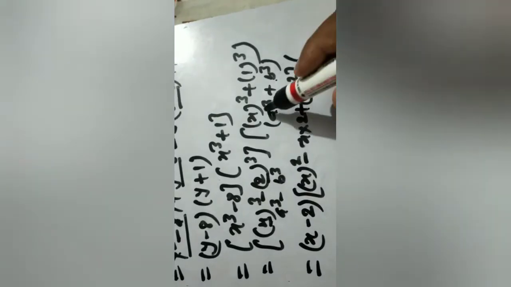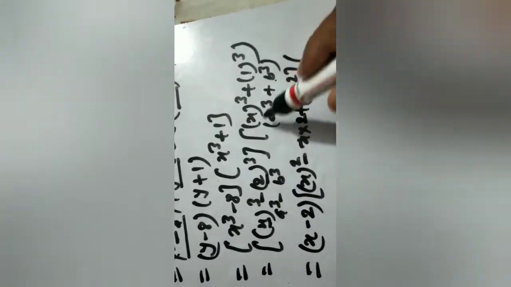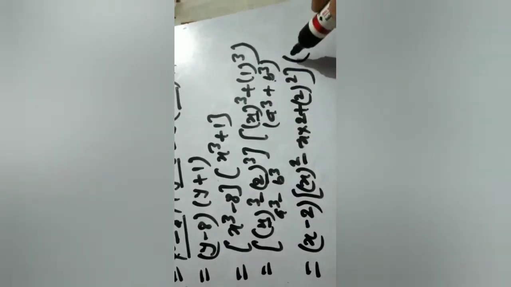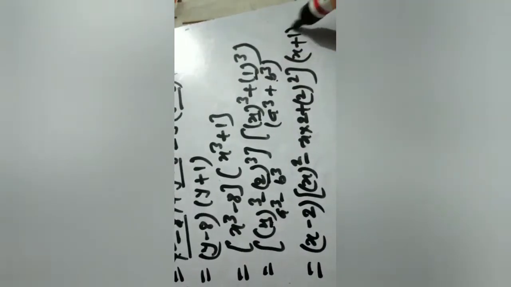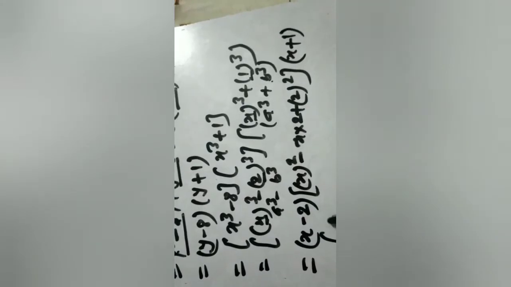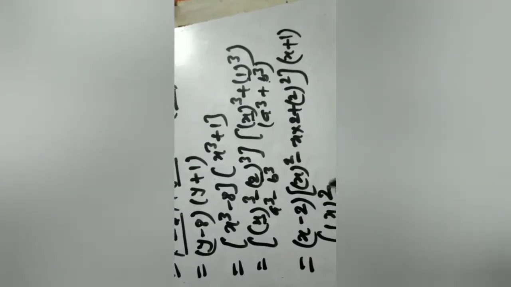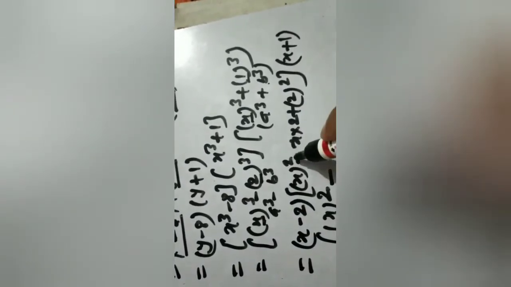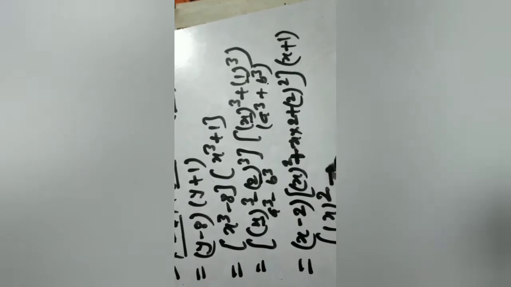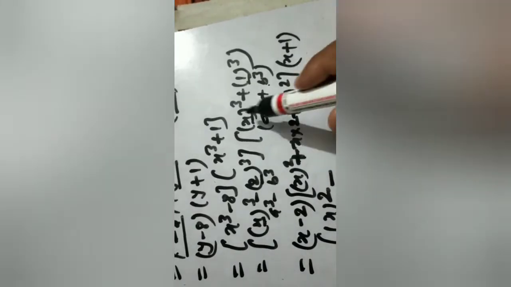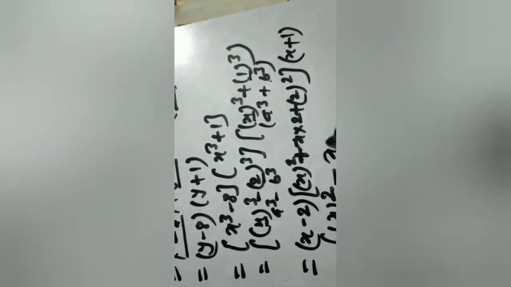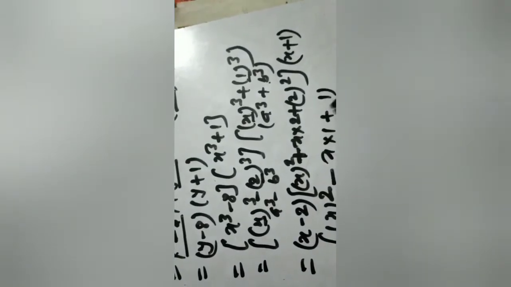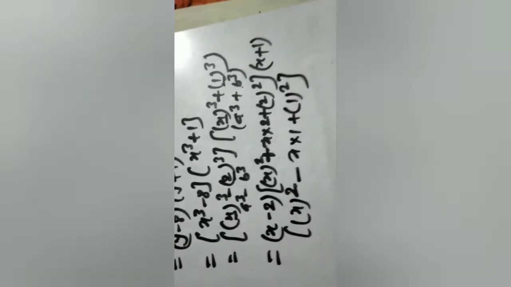So here we have a plus b, that is at the place of a we have x, and at the place of b we have 1, and then a square, that is x squared, minus ab, because plus is here, so it will be minus ab, that is x into 1, and then b square, that is 1 squared.